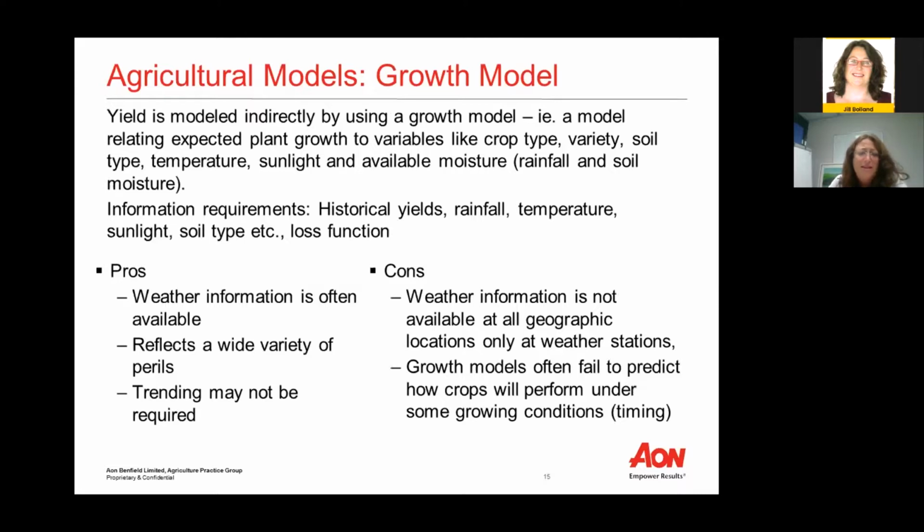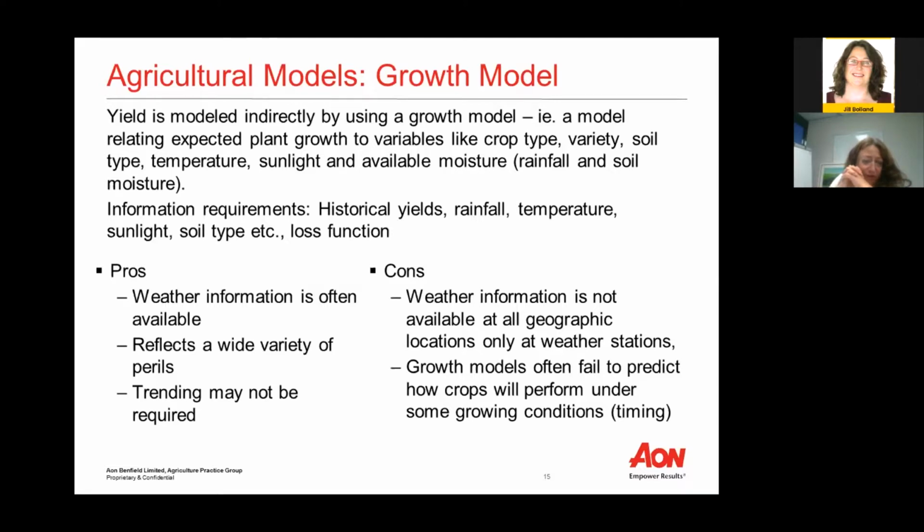So it's basically using information from the climate or the weather conditions during the growing phase of the crop to predict what the yield was. This is quite good because weather stations are often available. There are now a lot of automatic weather stations where data can just be downloaded on a daily basis.